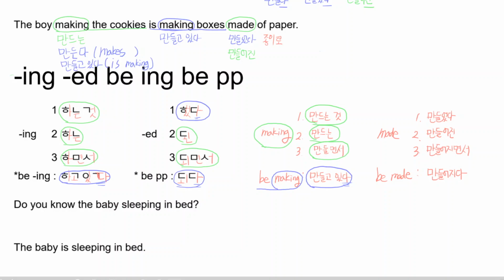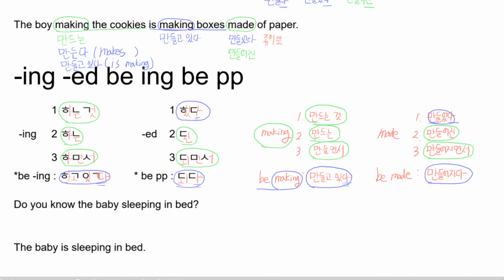So how do you mark 만들었다? Which color would you use? In blue, right? Because it ends with 다. How about 만들어진? It doesn't end with 다, so it's green. 만들어지면서 doesn't end with 다, so it's green. 만들어지다 ends with 다, so it's blue.